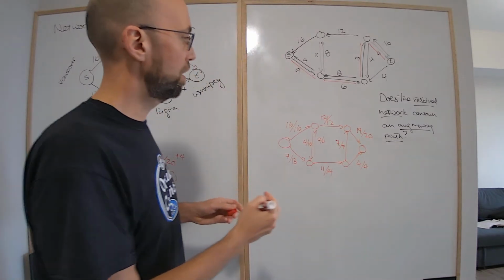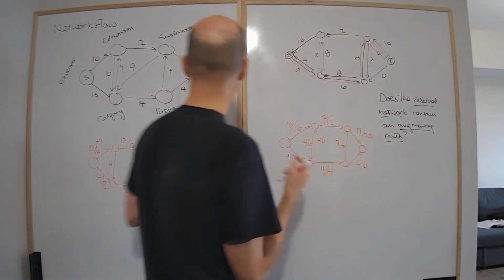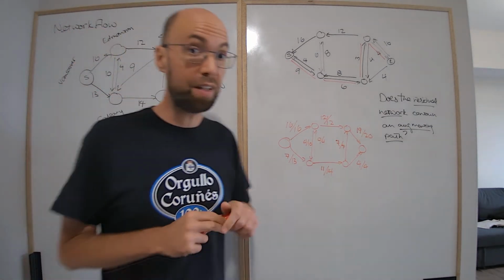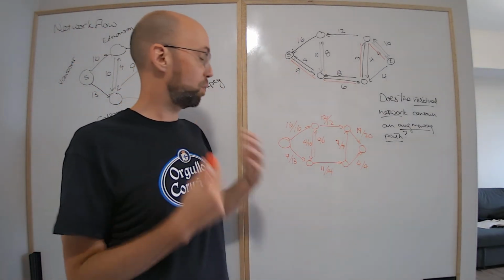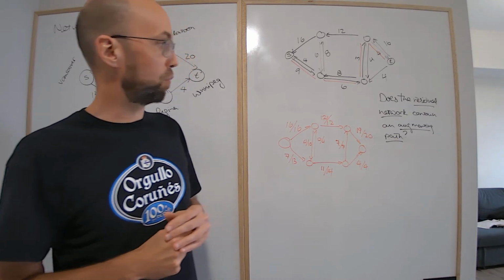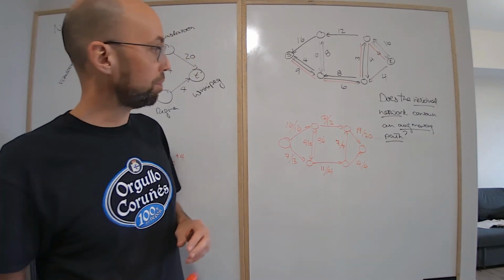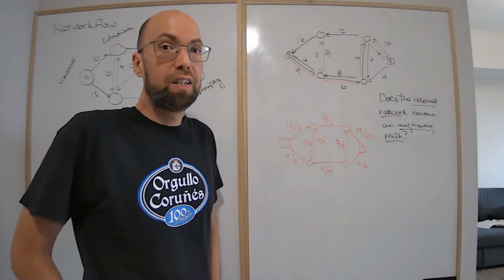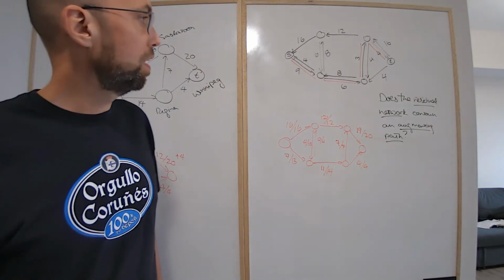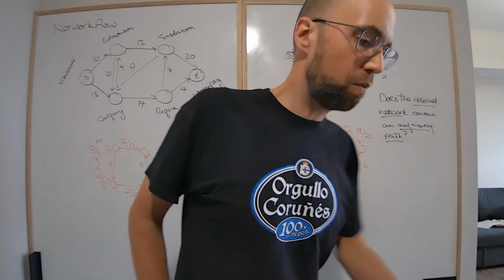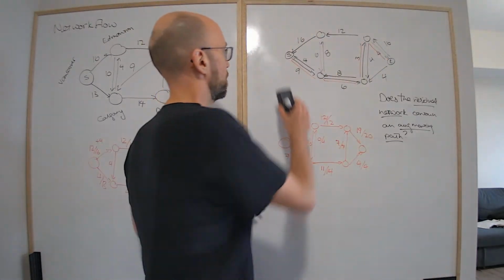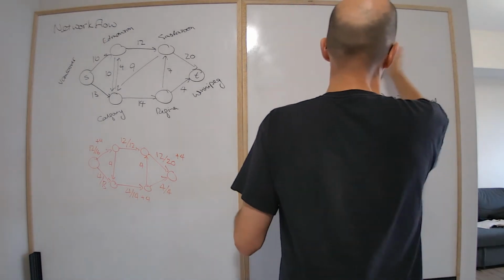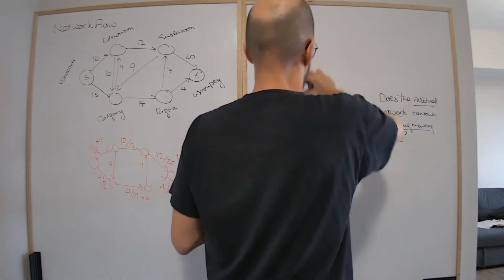So now we've gone from first we had a flow of 16, then we got a flow of 20, and now we have a flow of 23. And I could draw, well, yes, I will draw. Okay, it's not super useful, but I'm going to draw the residual graph just so you can see what happens next.